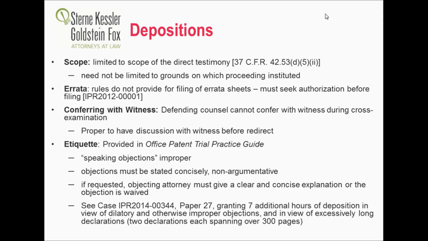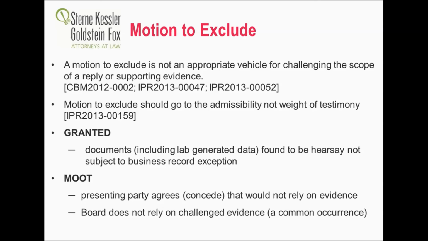So moving on, in the discovery vein, to motions to exclude. Over the course of a trial, parties have pretty tight deadlines for serving, not filing with the board, but serving any objections to evidence on your opposing counsel.